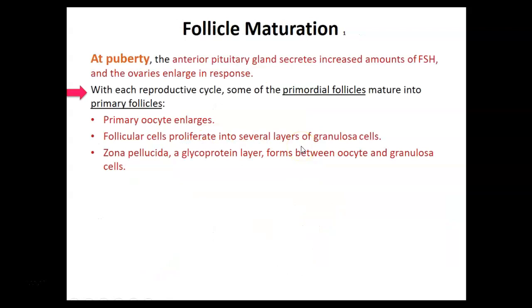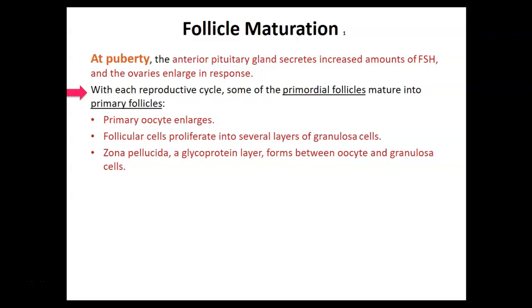All right. So at puberty, the anterior pituitary in a woman is going to start to secrete FSH. It'll secrete LH too, but we'll talk about that in a minute. So FSH is going to stimulate the ovaries to grow. They're going to get a little bit bigger in response to this FSH increase in abundance in the body.